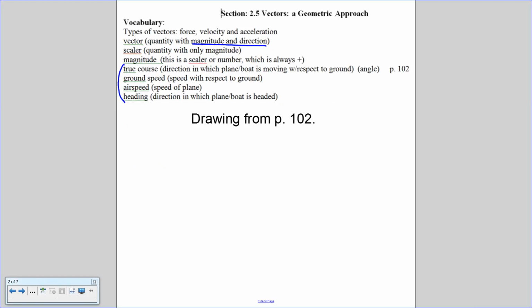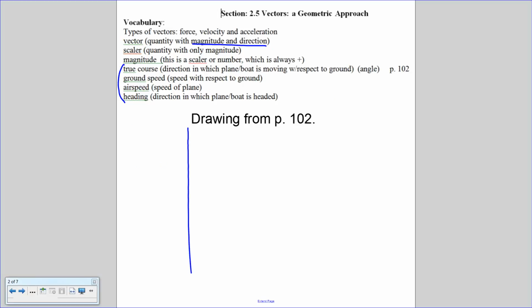What I want to do is make this drawing from page 102 and show how those words are related to the drawing. First thing I want to do is draw a north-south line.